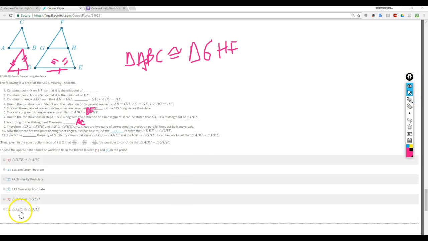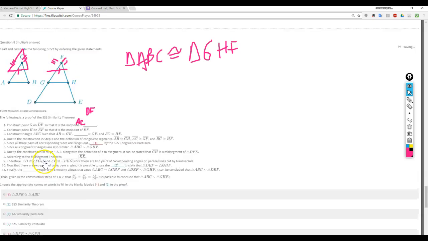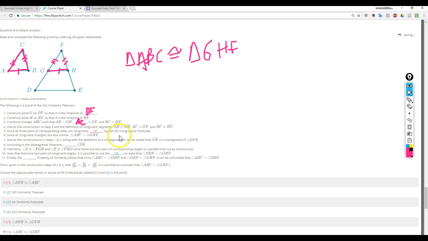There is our first blank that they officially have us fill in. So since all congruent triangles are also similar, triangle ABC is similar to triangle GHF.